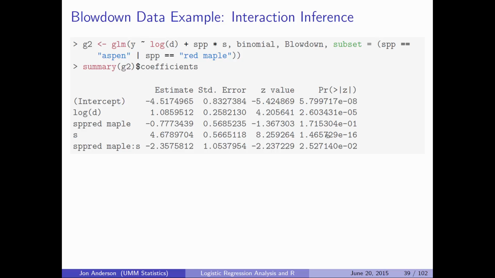As severity goes up, there's significant evidence that there's more death. And then here is the change in the severity effect when we involve red maples. If you move the decimal place 2 places, this is also a small p-value, and it suggests that the severity effect is different for red maples than it is for the other species, aspen.